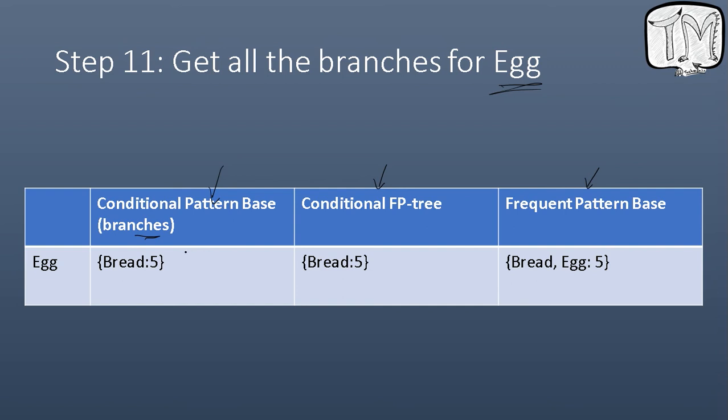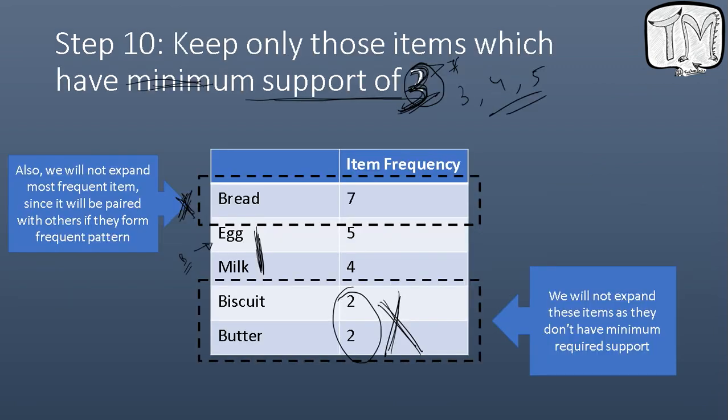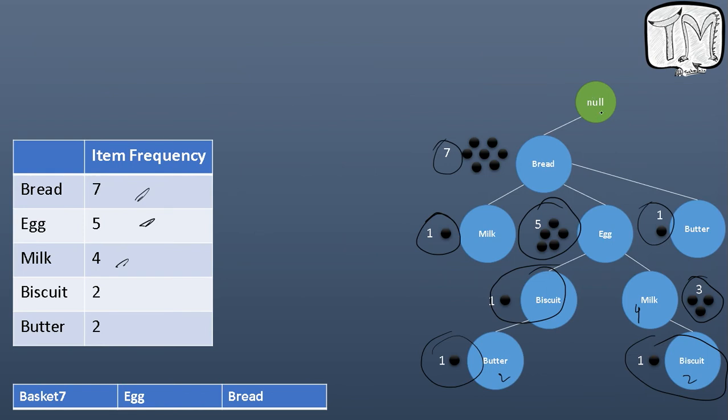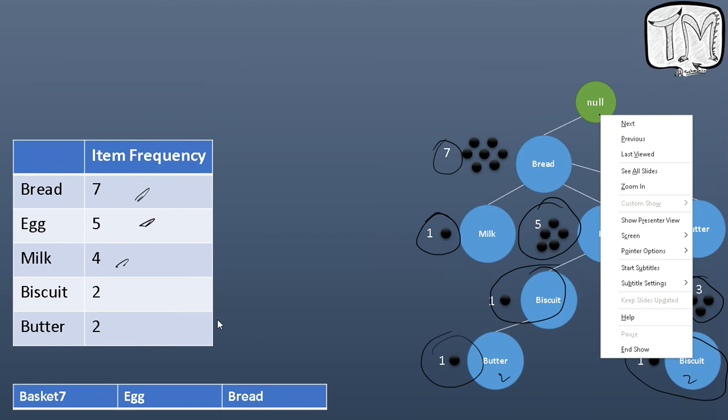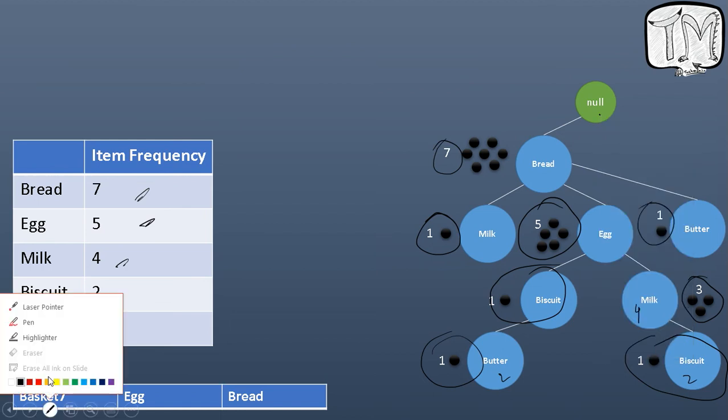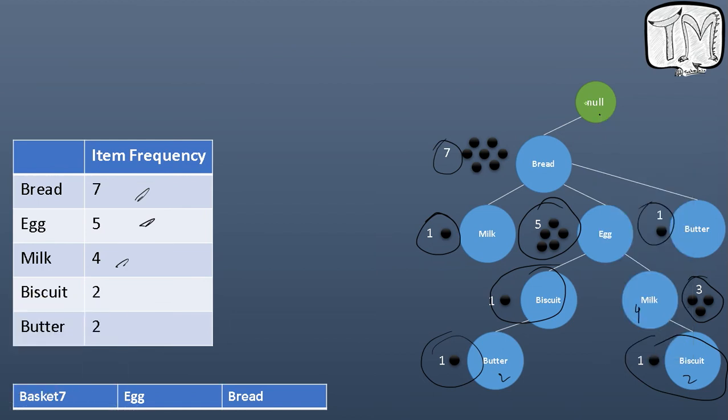First, the conditional pattern base, or branches. Since we are generating the item sets for egg, we are going to look at all the branches which lead to egg. So let's start with root and mark all the branches which lead to egg.